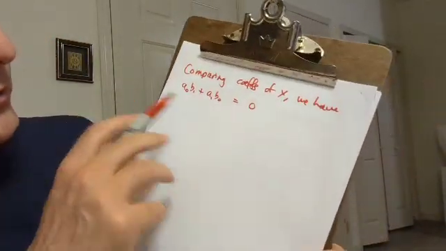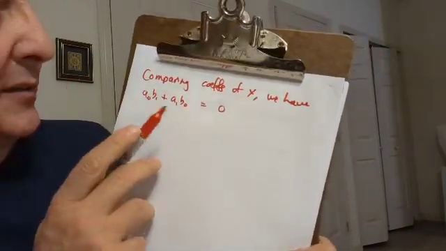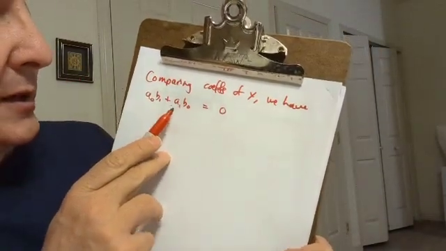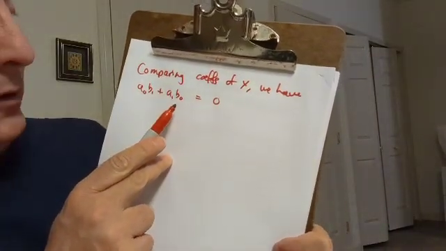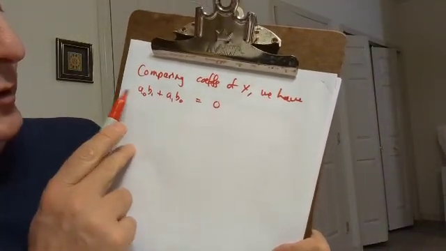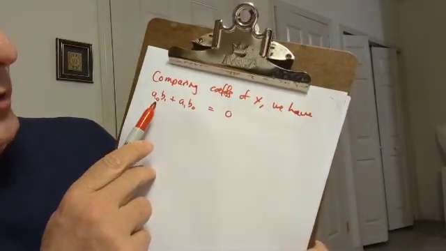Now let's see, there's 4 unknowns here. Well, I guess they're not 4 unknowns because the A series is given. a0 and a1 are given. And as a matter of fact, we just figured out what b0 is. So in these 4 symbols, 3 of them are known and only 1 is unknown. b1 is the one that's unknown.